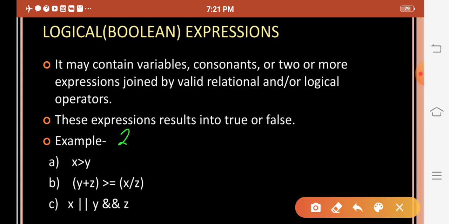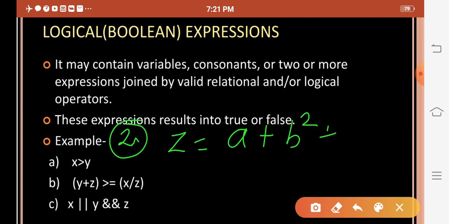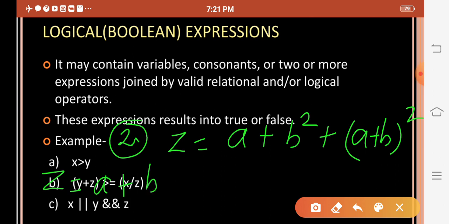Next, if I take one more example, suppose z is equal to a plus b square plus a plus b whole square. Now write the Java expression for it. So how will you write? Z is equal to a plus b asterisk b, that means b multiplied by b, plus.